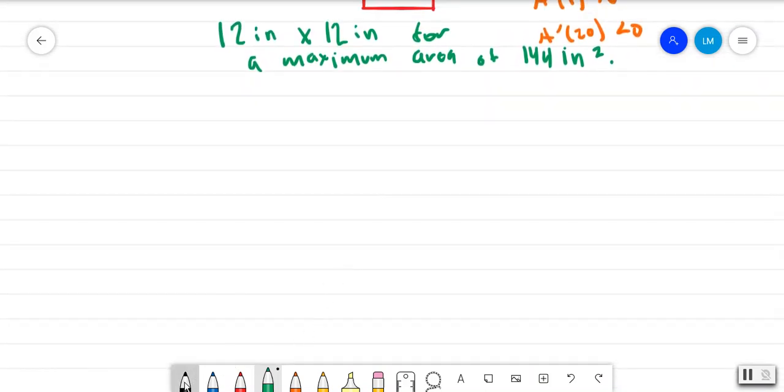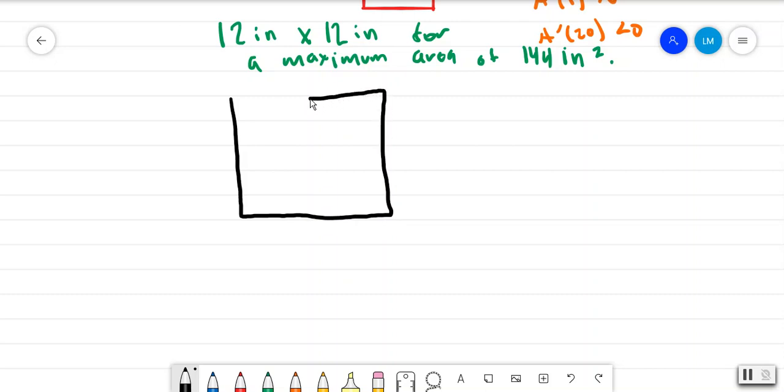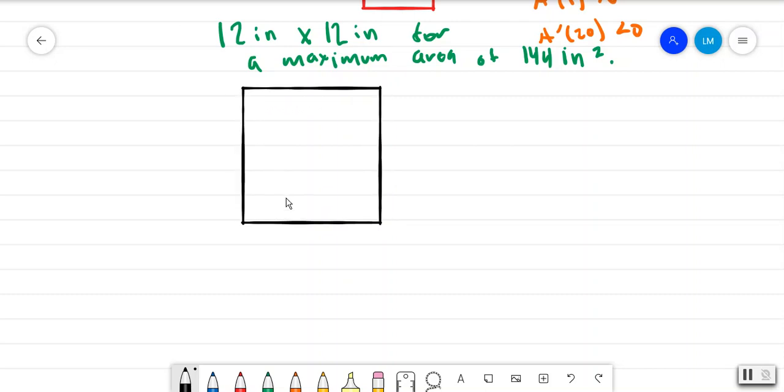Now, another typical question that you might have, for instance, is if you have a sheet of material. If this sheet of material is, let's say, 48 inches by 48 inches, but let's say that you want to cut some corners out of it.